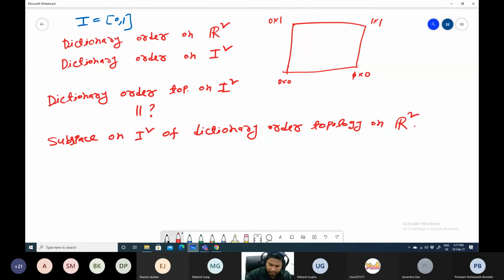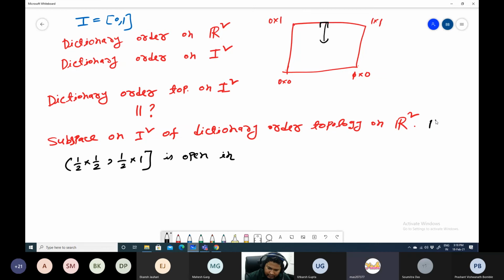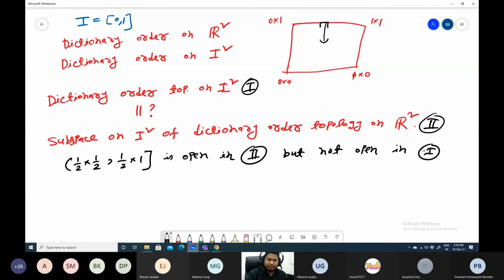It is no. Good. Because if you take this one, say half cross (half, 1). We can construct a set. This is open in this, but not open in this one.